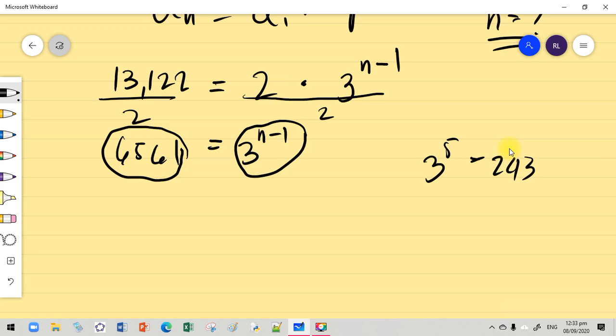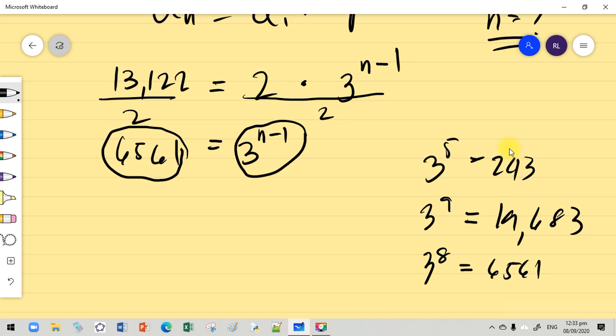That's not it. Let's try 3 raised to 9, which is 19,683. That's too far. So let's adjust a little bit: 3 raised to 8 is 6561. That's correct. So we can express this as 3 raised to 8 equals 3 raised to n minus 1.